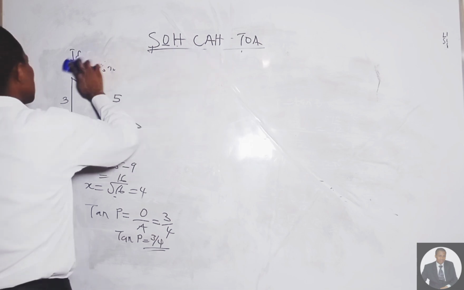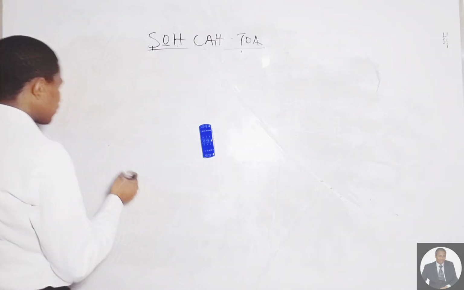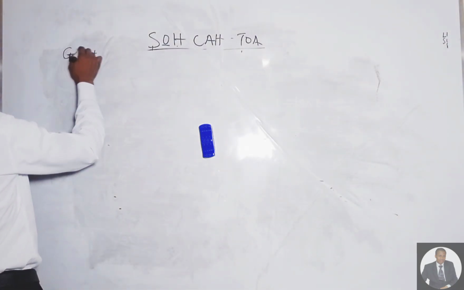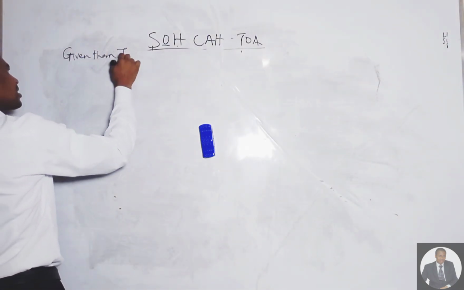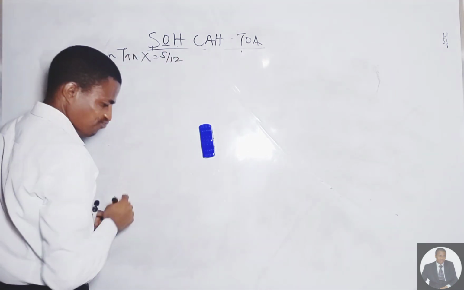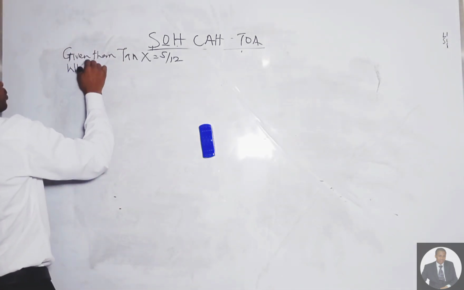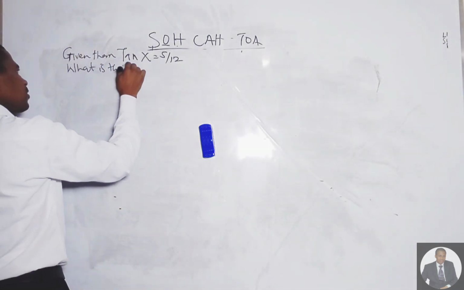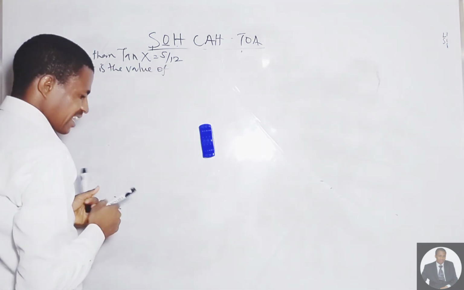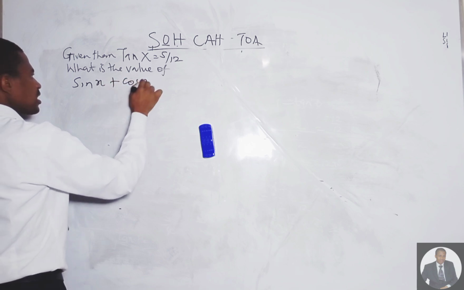Let's look at yet another. Calculate, given that tan x is 5 over 12, what is the value of sine x plus cos x?